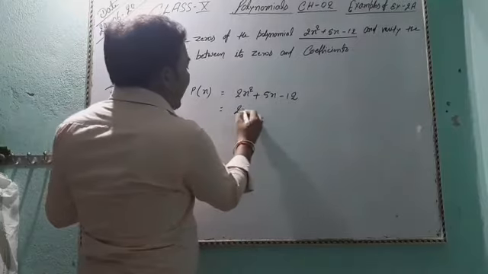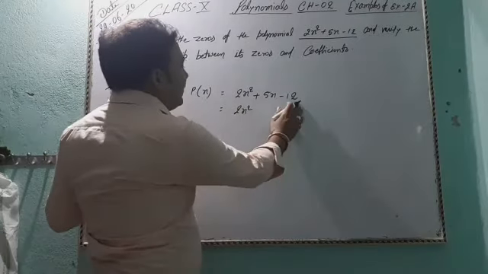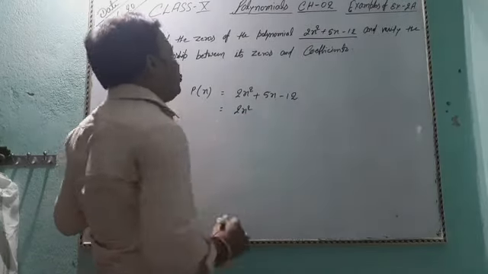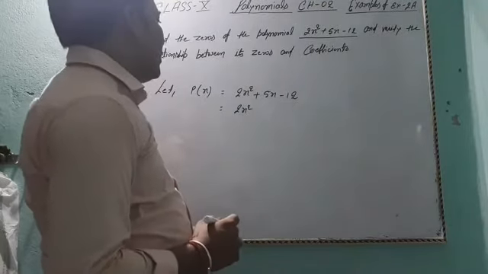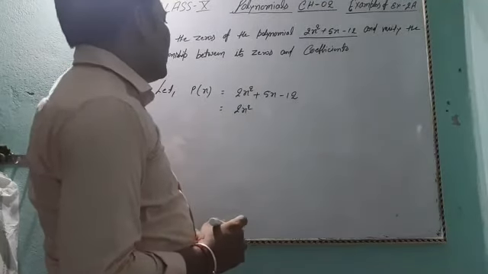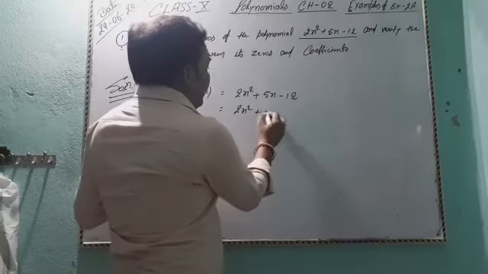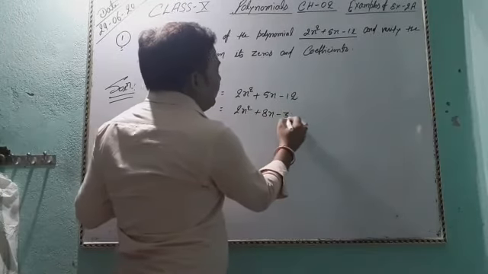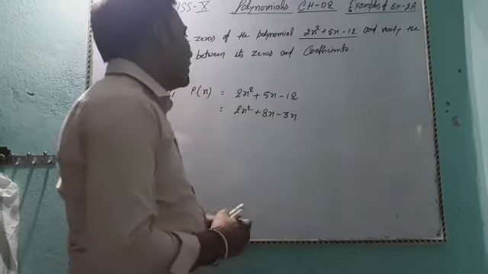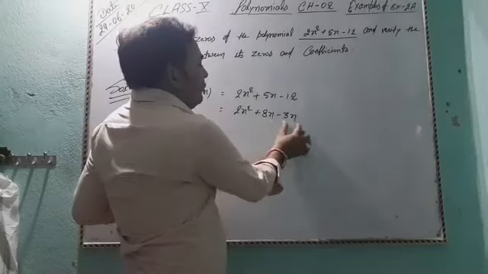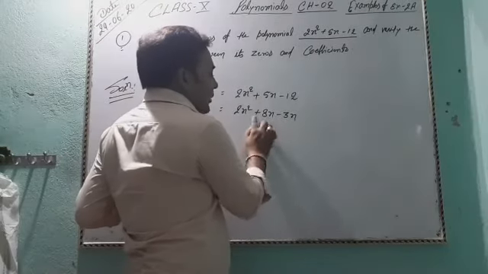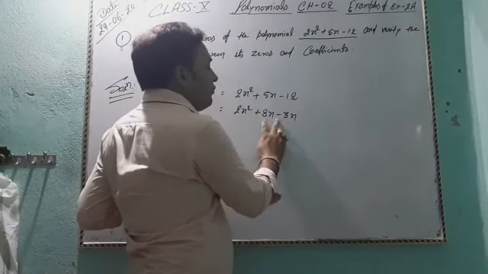p(x) equals 2x square, minus 12 into 2 is minus 24, so 2x square plus 8x and minus 3x minus 12. Students, 8x minus 3x equals 5x, and 8 times 3 is 24, so the product 2x square times minus 12 is minus 24x square.